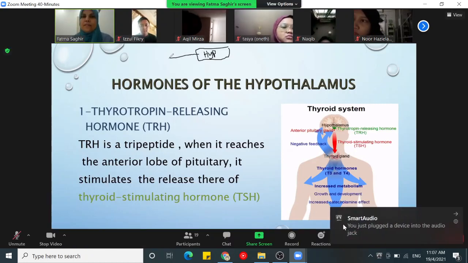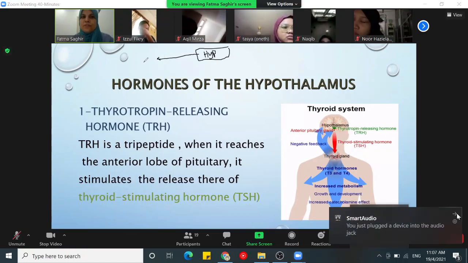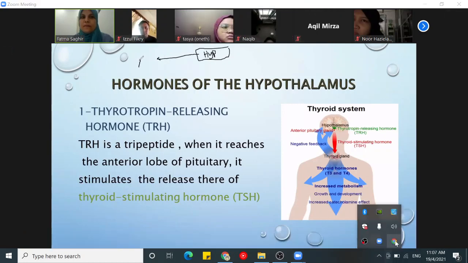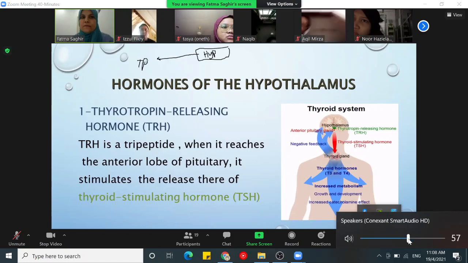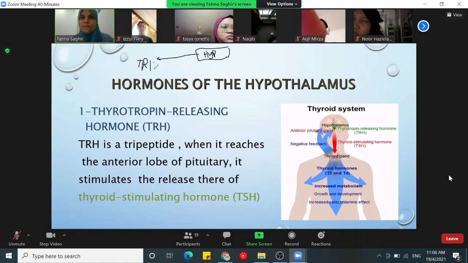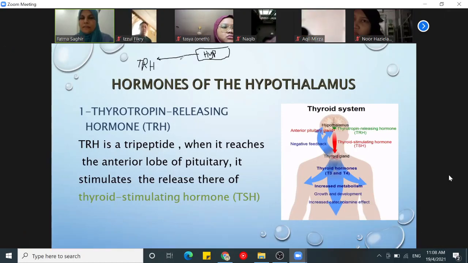So hypothalamus secretes the first hormone, which we call thyroid releasing hormone. From the name, thyroid, what we need means we need thyroid hormone.